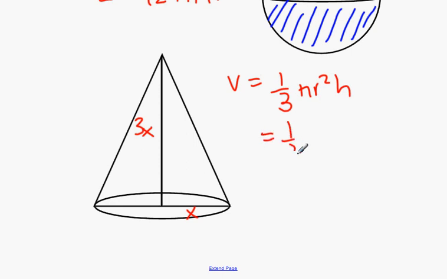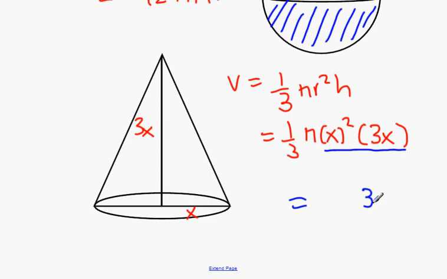A third pi multiplied by x squared multiplied by 3x. What's x squared times 3x? Anybody? You guys do this in your sleep usually. 3x cubed. Thank you.